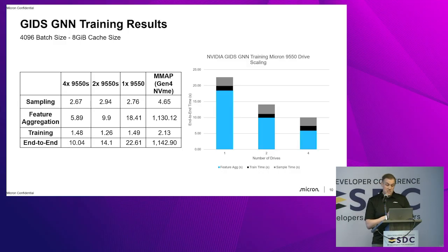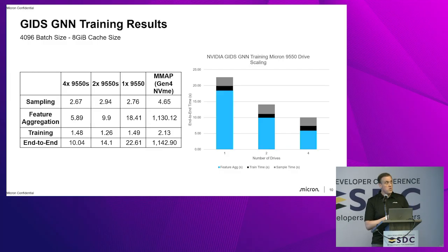And you can see where feature aggregation drastically increases if we completely bypass that and go directly to storage when we know that's generally where the data's at. We get about 2 orders of magnitude improvement. So from 1100 seconds for the feature aggregation down to about 20 seconds with just one Gen 5 NVMe. And with up to 4, we can saturate 1.